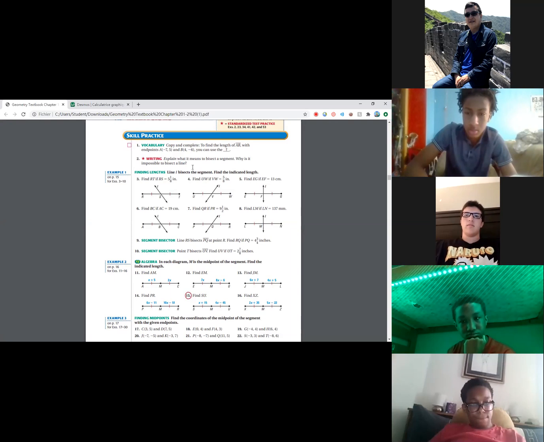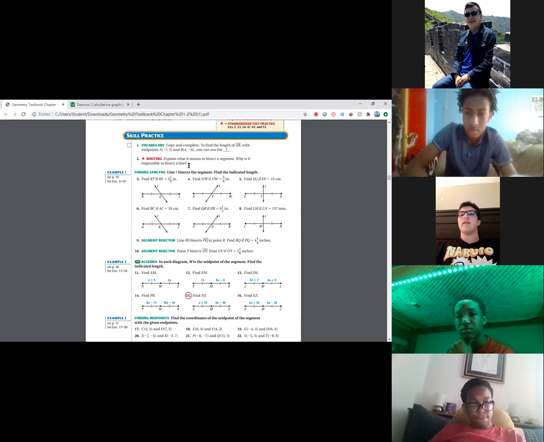All right, so to bisect a segment, you cut the segment in half, like we were saying. The lines they had earlier in the lesson, it has to go through the midpoint, because if it's cutting the line in half, it has to go through the point in the middle. Okay, yeah, because I got that confused with intersect.